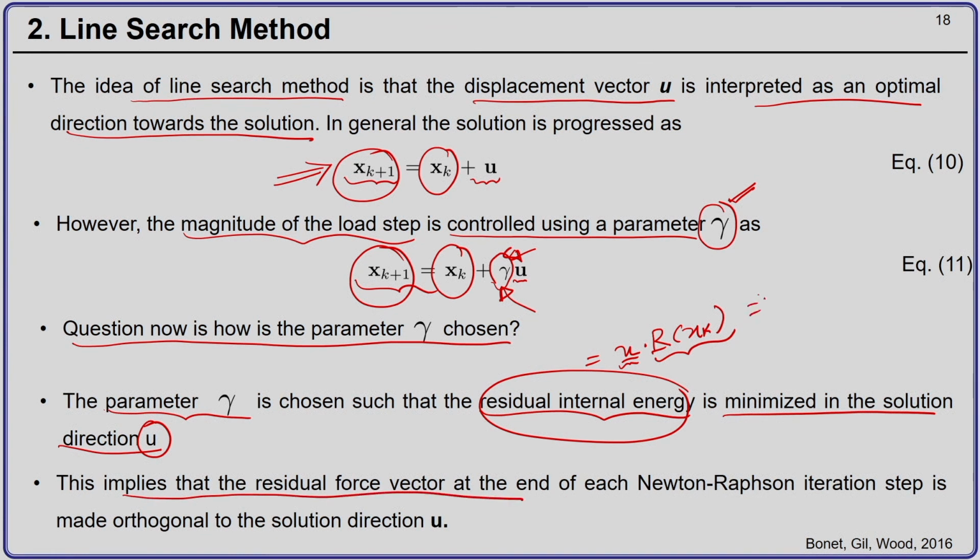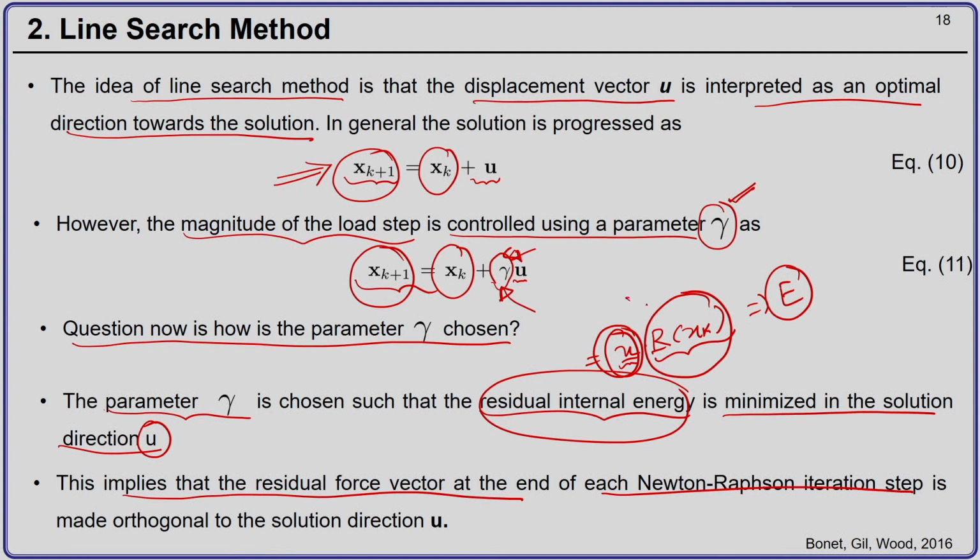So, if this is the energy, minimizing this energy for a given vector u would mean that the residual force vector r at the end of each Newton-Raphson iteration step is made orthogonal to the solution direction u.